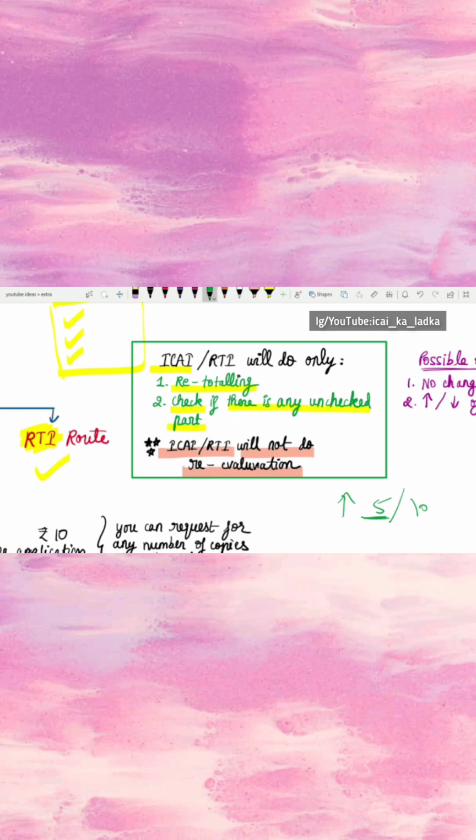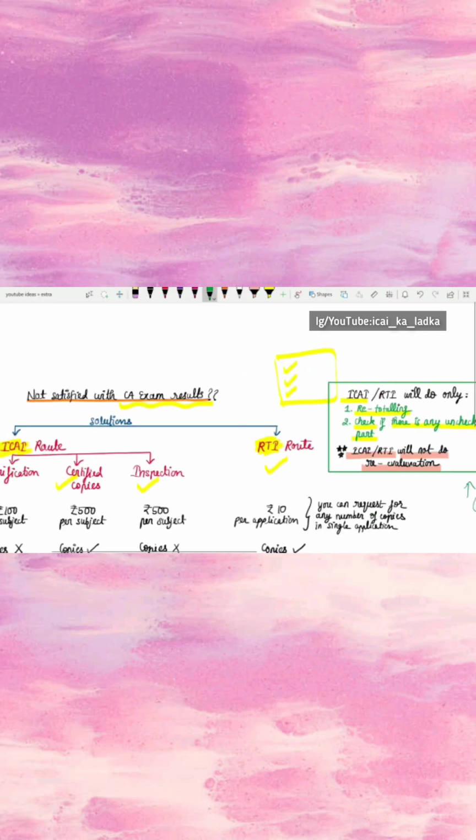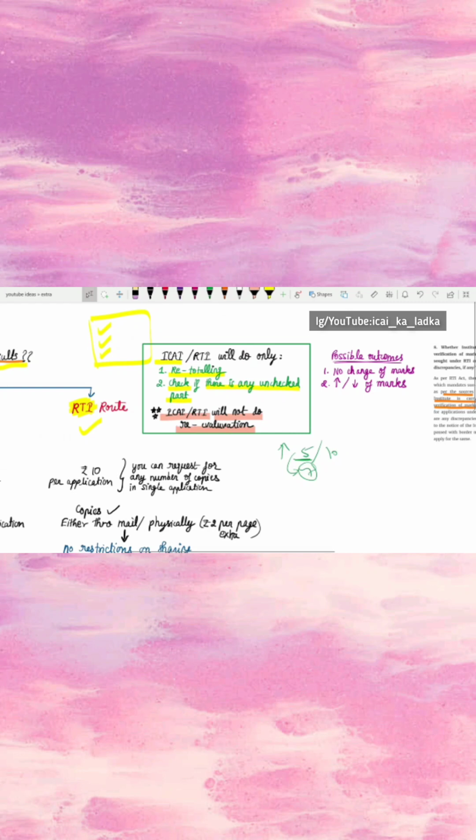Sometimes you might feel that for this answer they must have given you 7 marks instead of 5. If you want a change in the evaluation they have already done, they will not do that. They will only check the total and any unchecked part. So that was one thing I wanted to clear.